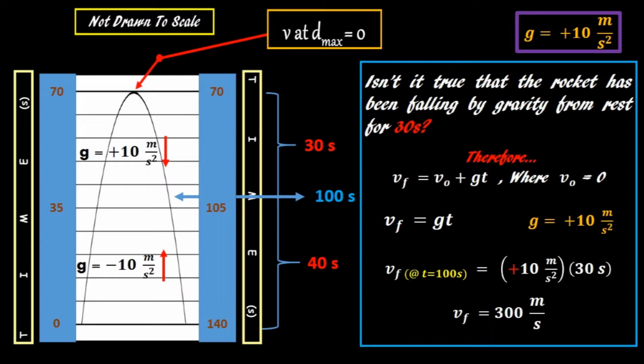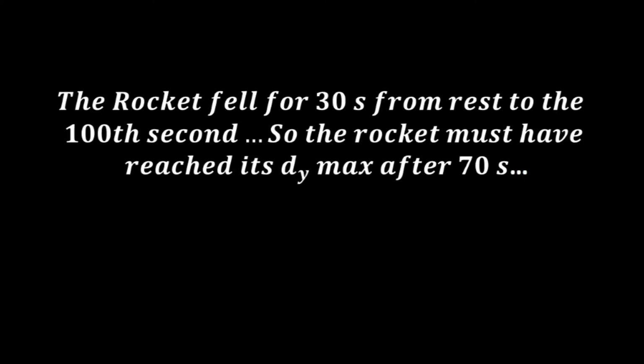So if it fell for 30 seconds and it's at the 100th second, it must have fallen from rest at Dmax, which was 70 seconds. So at the 70-second mark, it was at rest, meaning it was at Dmax. And then after that, it fell for 30 seconds and reached 300 meters per second.